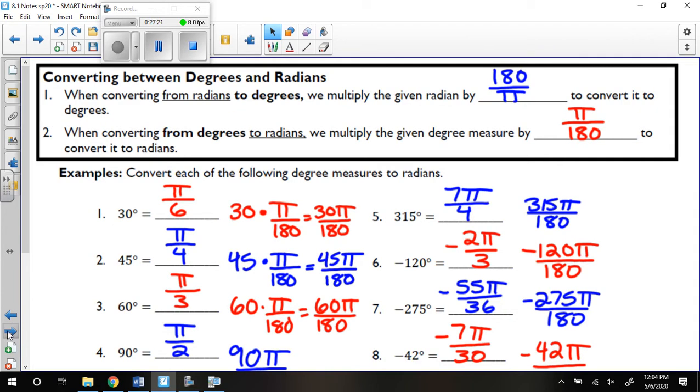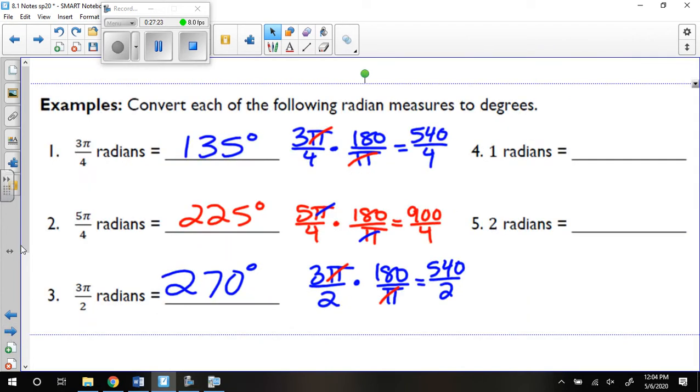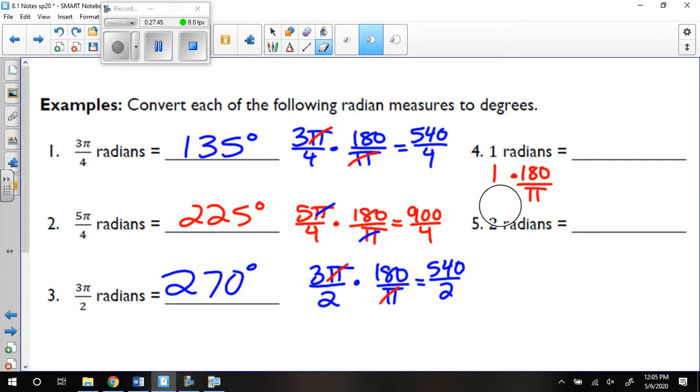Okay, so back here, we're still going to follow the same method. We've got 1 radian multiplied with 180 over pi. The only difference here is there's no pi to cancel out. So I essentially just have 1 over 1 multiplied with 180 over pi. Here, I'm actually going to put that in blue. I'm adding this over 1.